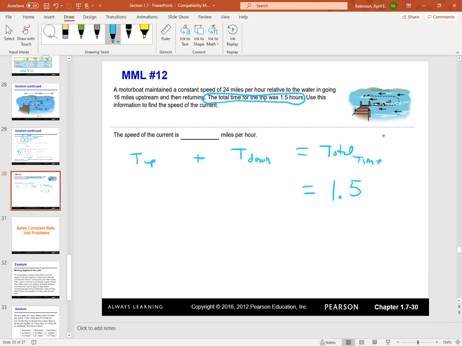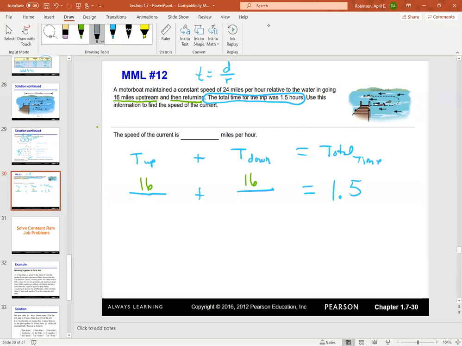I have no idea how much time it took to go upstream, but remember, time is the same thing as distance divided by rate. And they told me that it was 16 miles upstream, which means it's 16 miles downstream. So for each one of these, I'm going to have a numerator of 16. Now, the denominator, this is where it's a tad bit different.